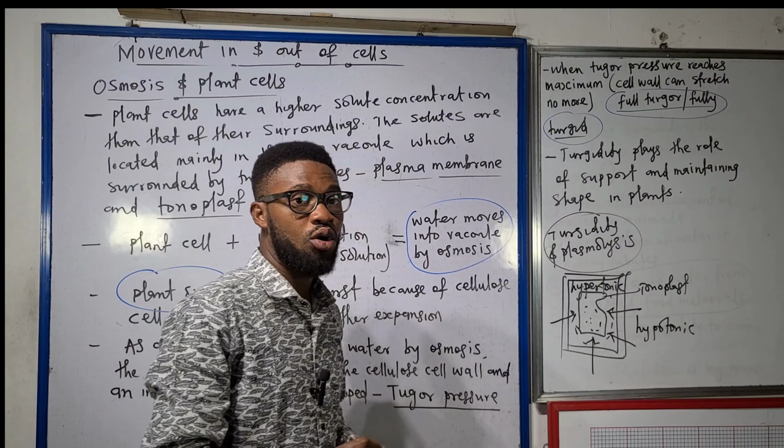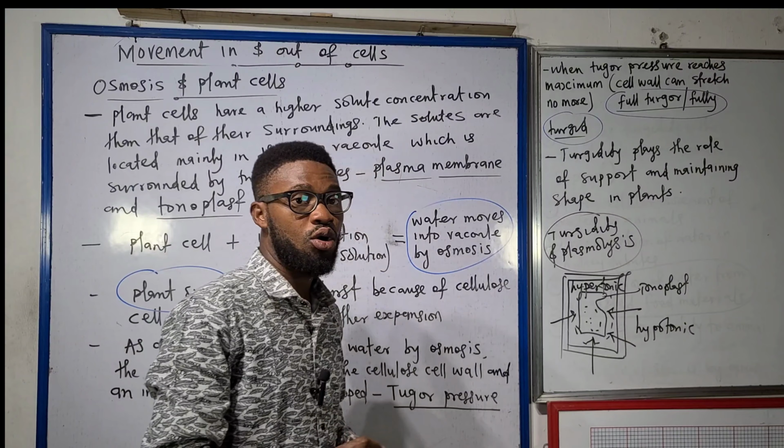Usually when you talk about a plant cell, you're going to have the cell wall, the cell membrane, and then the vacuole on the inside. The vacuole is surrounded by the tonoplast. The osmotic concentration of the protoplasm, the inside of the cell from the vacuole to the cytoplasm, is higher than what you have in the surrounding of the plant.